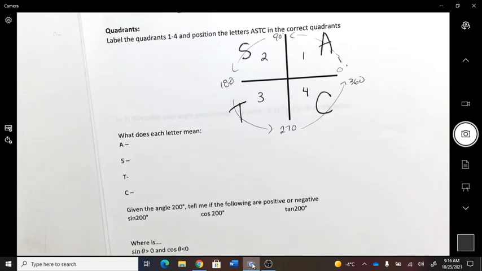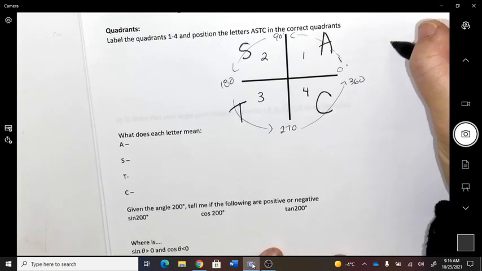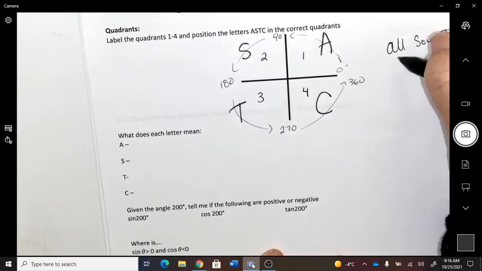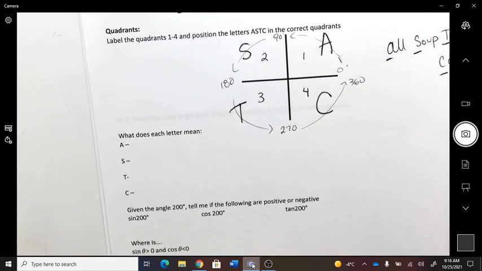Okay, if you feel like you can't remember ASTC, here's a little rhyme. All soup turns cold. All soup turns cold. Okay, it's a funny way to remember the letters.